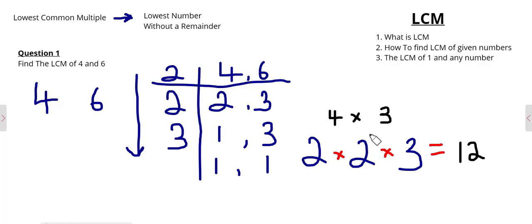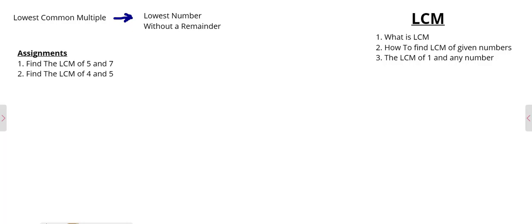Before we go, I'm going to give you an assignment. You can drop your answer in the comment section below. Find the LCM of 5 and 7. The second one says find the LCM of 4 and 5.